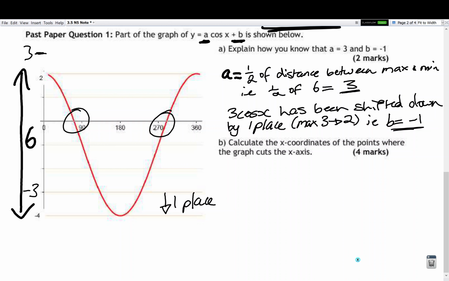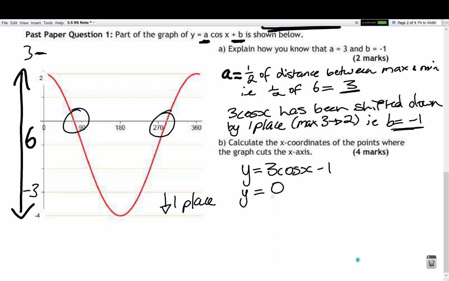So how do we do that? Well, we solve the trig equation. We have the graph of y equals, we now know, 3 cosine of x -1, and we're trying to see where that meets the x-axis. Now, the x-axis has a value of y equals 0. That's the whole point of this.